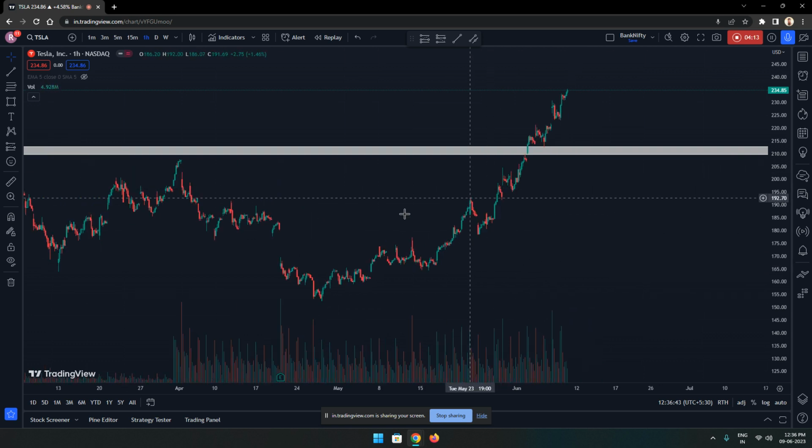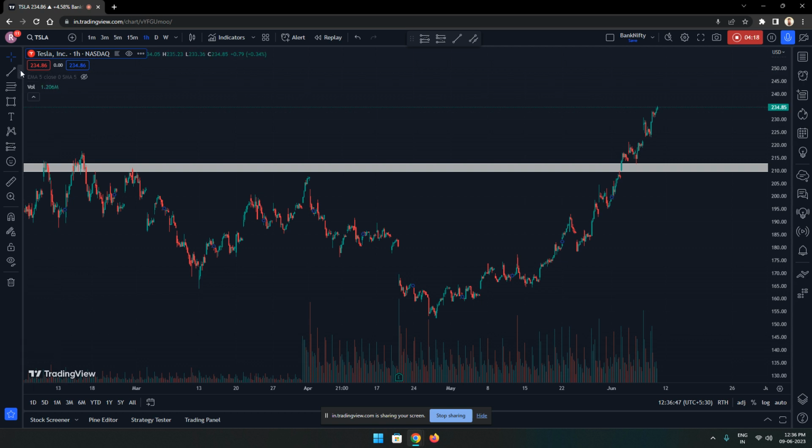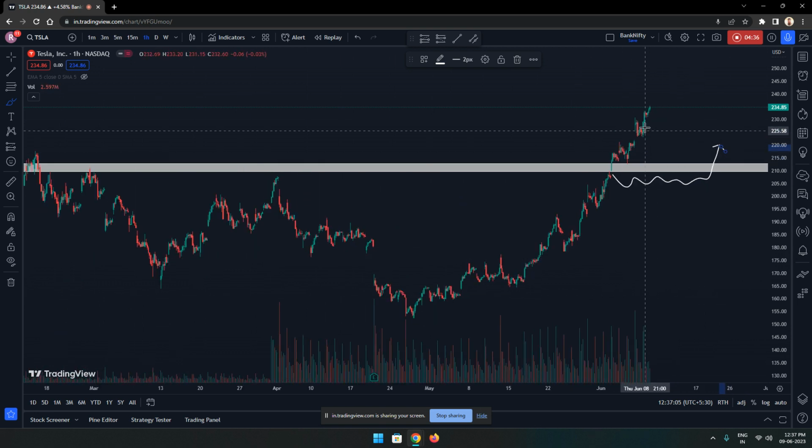Means for an ideal breakout to sustain, there should be some kind of breakout build-up. Like if price had consolidated here and then it would have shot up, then the trust in the breakout would be more. But it's okay, it has shot up parabolically without any build-up. So there are equal chances of breakout failure.